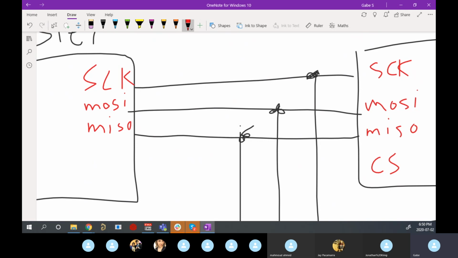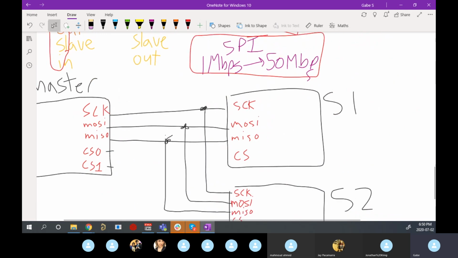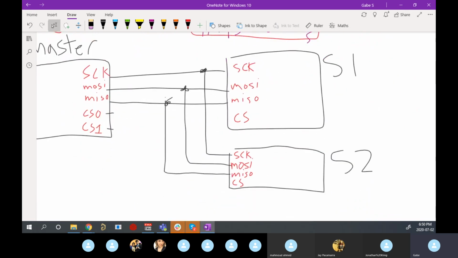Your slave will have more than one chip select. So they'll have chip select 0, maybe, then chip select 1. So these are 2 separate pins. So that's another addition to the number of wires, number of pins you're using from SPI. It's going to add every time you have an extra chip select. And you'll have an extra chip select for every slave you talk to. So I'll have 1 chip select going to slave 1.